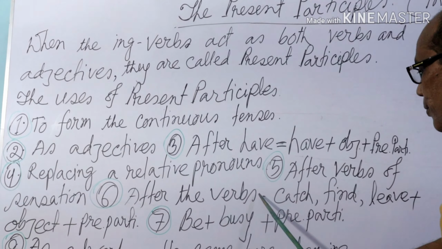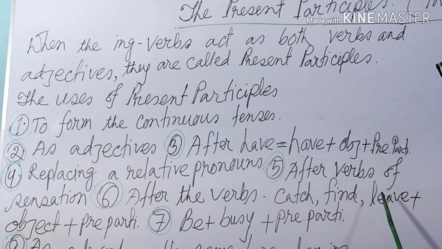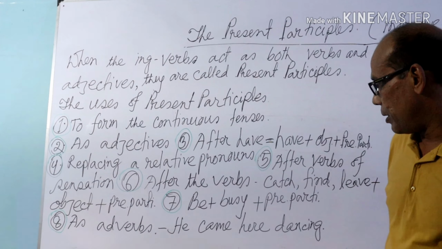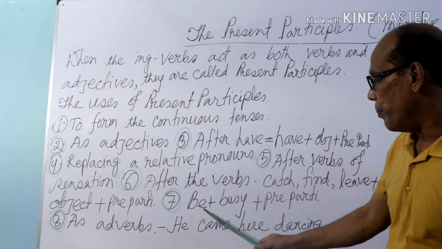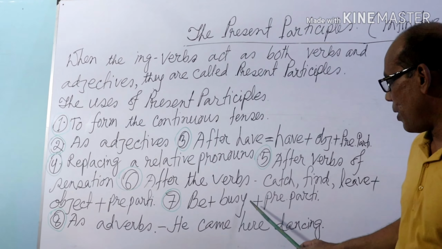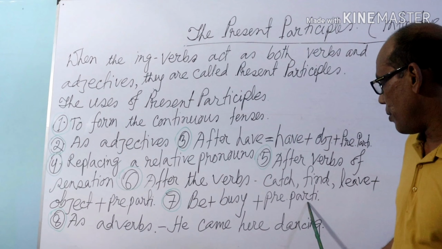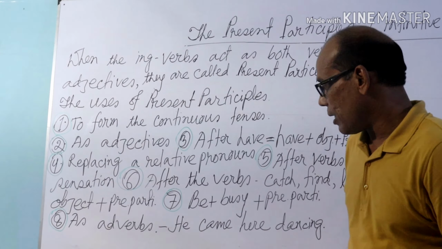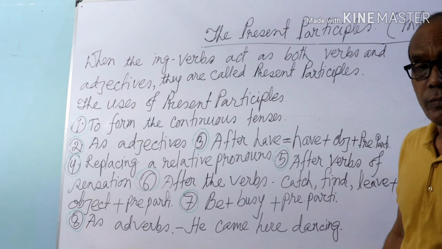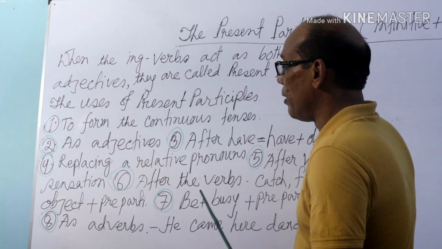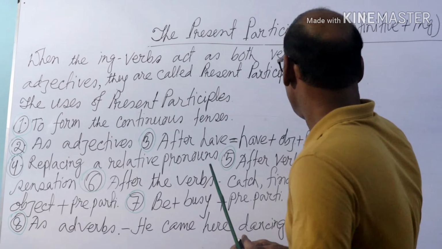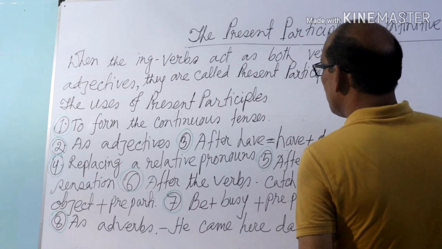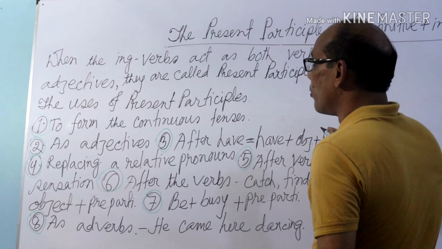Number six, after the verbs catch, find, leave, plus object plus present participle. Number seven, be plus busy plus present participle. Number eight, as adverbs. Let me explain one by one. As I have numbered there, I would like to start from number one.